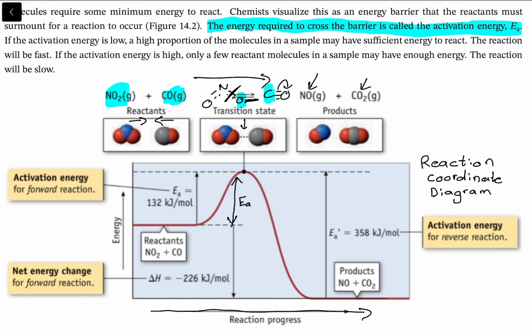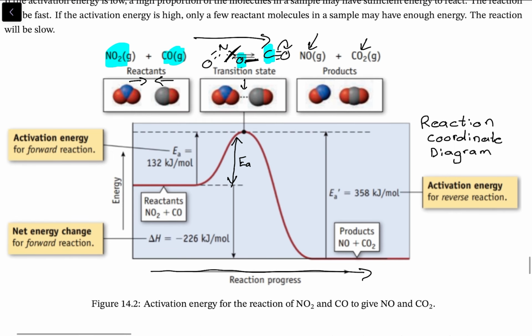All right. You might also ask yourself, this reaction, as it's written here, is an equilibrium. So it indicates that the reaction can happen in the forward or the reverse.